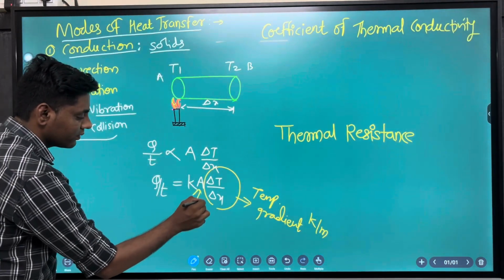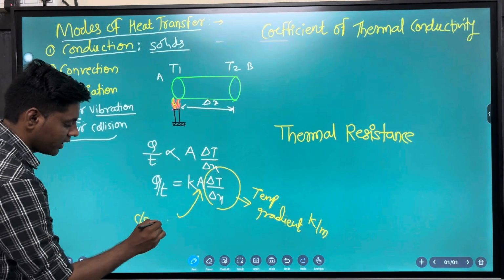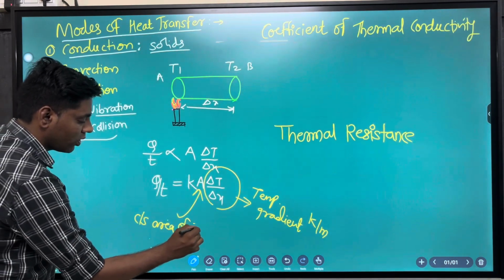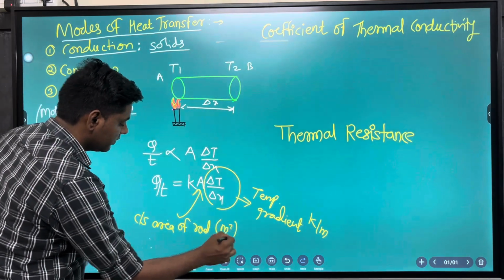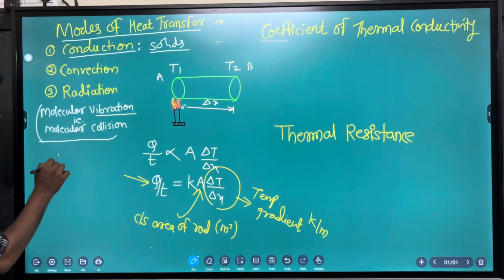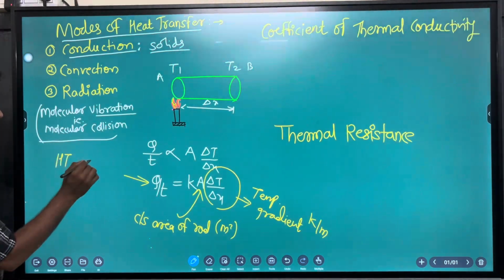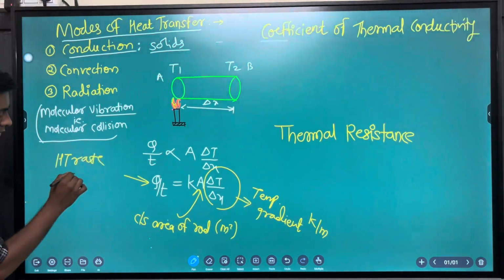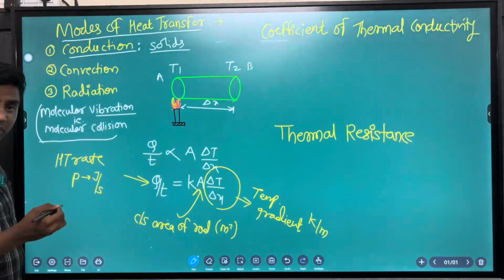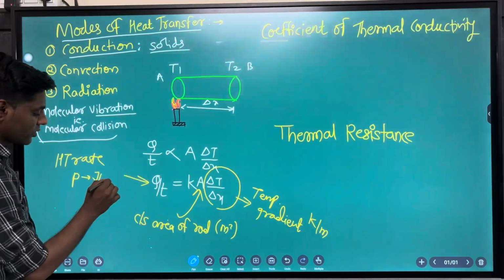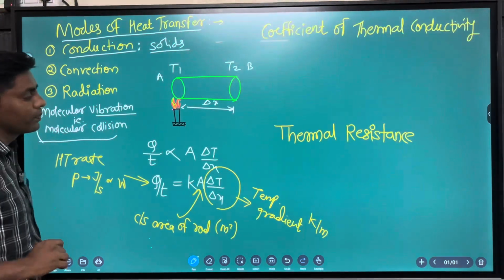What is A? Cross sectional area of the rod, having SI unit meter square. And Q by T means heat transfer rate. We also denote it by letter P, having SI unit joule per second. Remember the SI unit. We also call it watts, that is W.